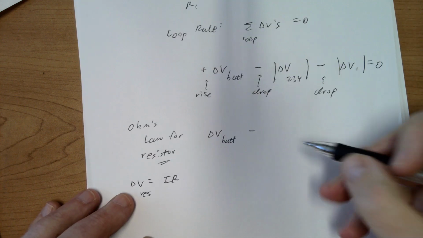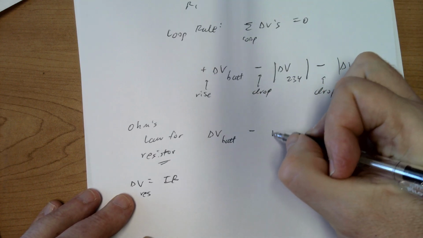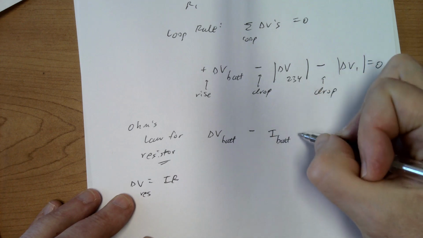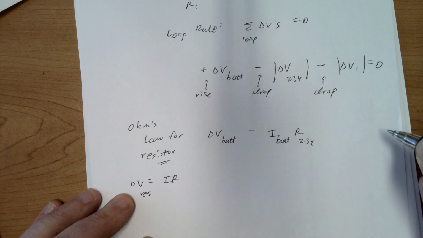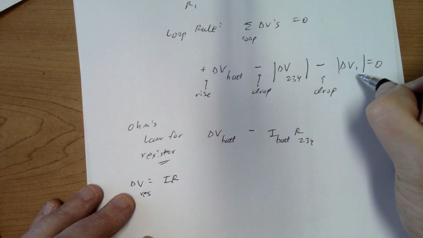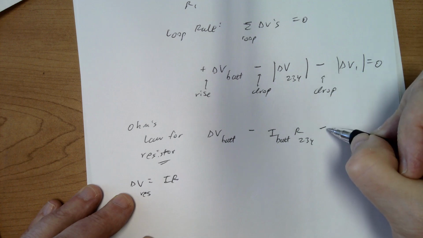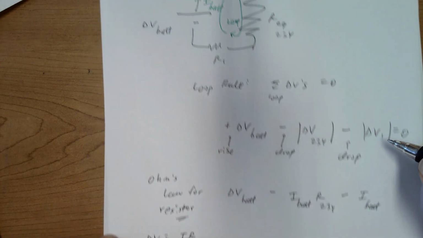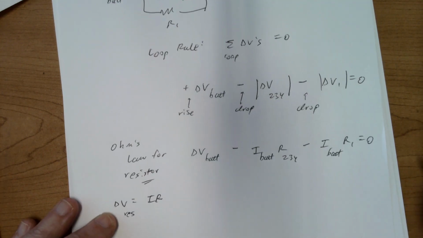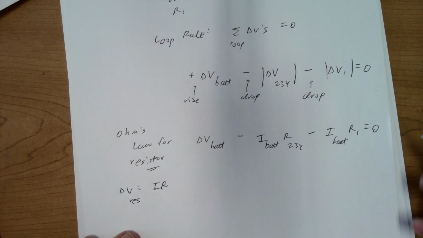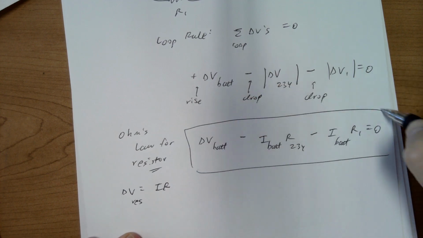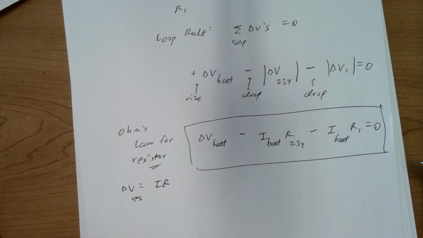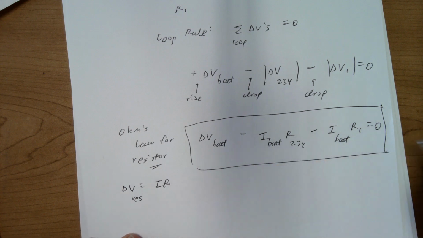And so for this resistor, the current is I bat, and the resistance is R234. And then for R1, I got a minus sign from the drop. I get I bat, which is the current through R1, times R1. And then that equals 0. And so I'm going to put a box around that, because that's kind of an important result. That's the way to write the loop rule for this circuit, with Ohm's law subbed in.